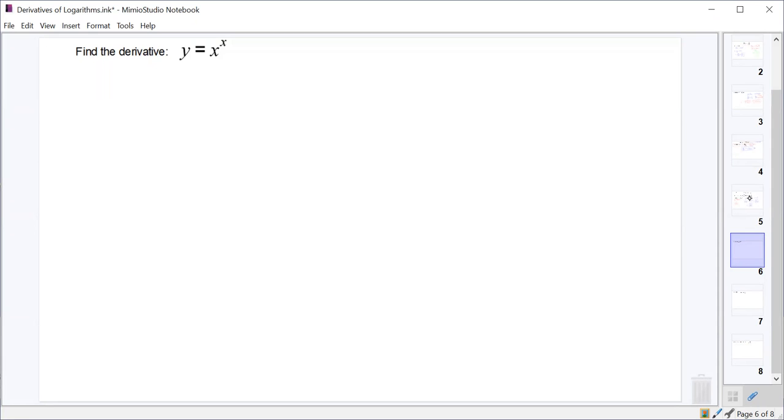And then the other was the rules for exponential derivatives, which was a number to a variable power. But here we have a variable to a variable power. So this is a little bit different. We're going to have to use a logarithm to clean this up a little bit and make it workable. So what can a logarithm do for me? Any thoughts?